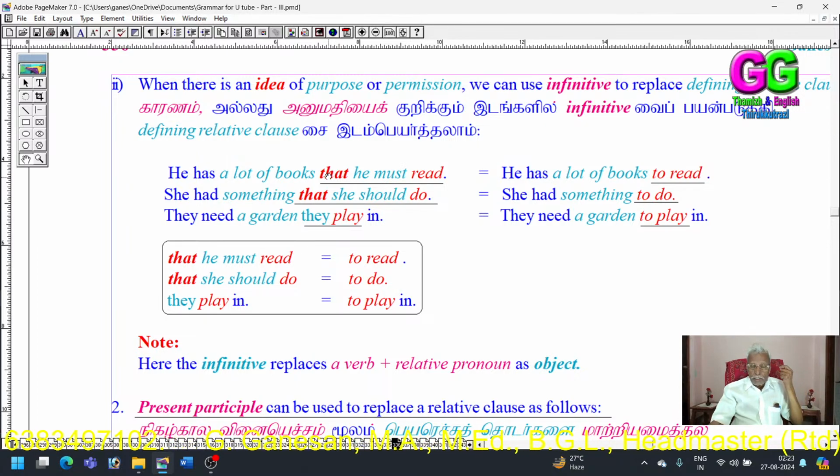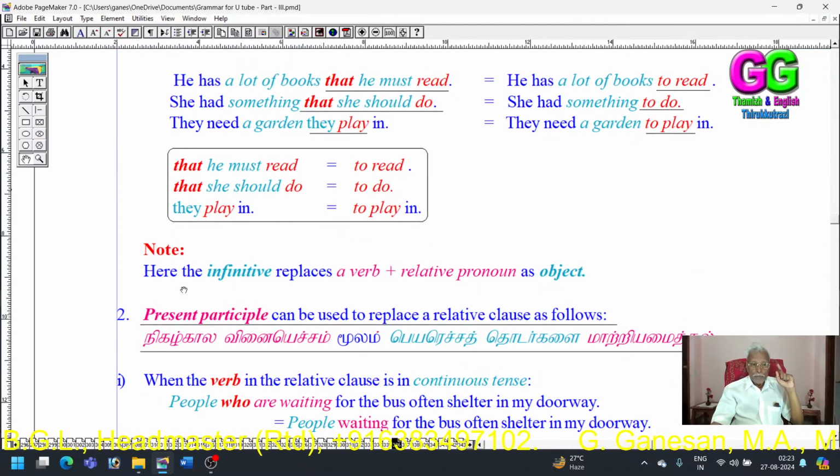Here the relative pronouns are objects, and the clauses are also objects. So here the infinitive has replaced an object clause. The infinitive replaces a verb plus relative pronoun as object.